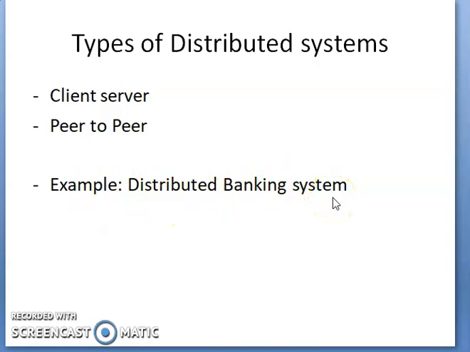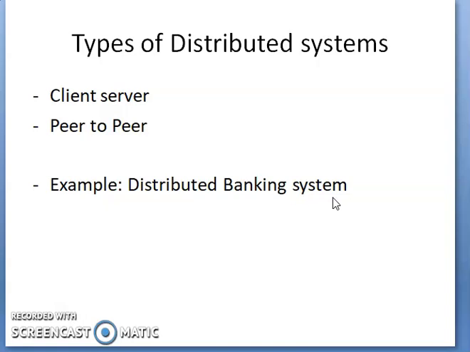An example of this is a distributed banking system. Suppose I am living in Delhi, and there is a bank named SBI in Delhi, and there is a branch of the same bank in Chennai. My original home branch is the Delhi branch. Now I want to withdraw money from the bank when I am in Chennai. So what will happen?